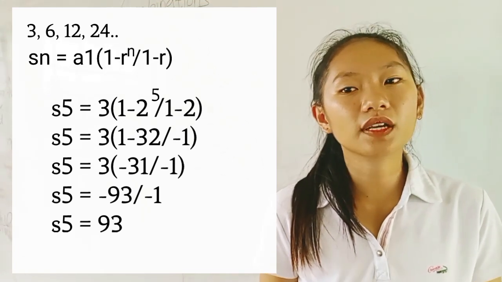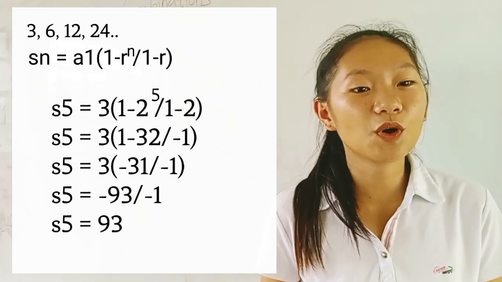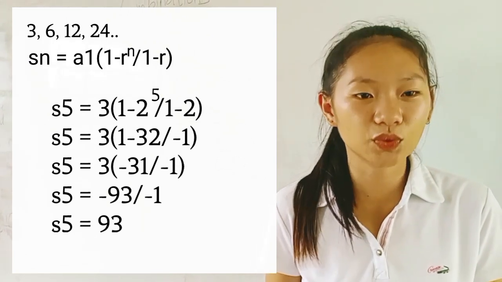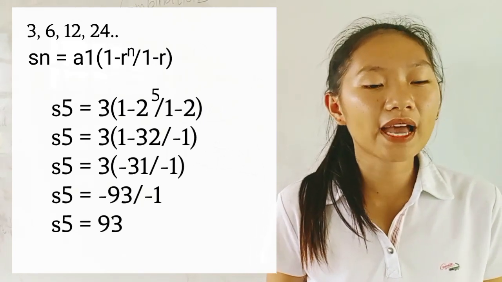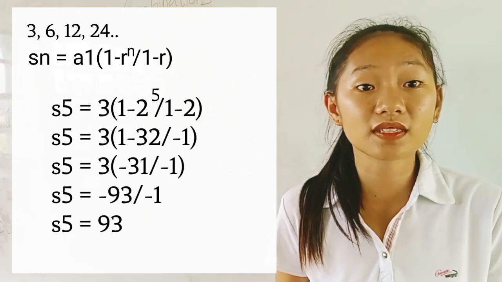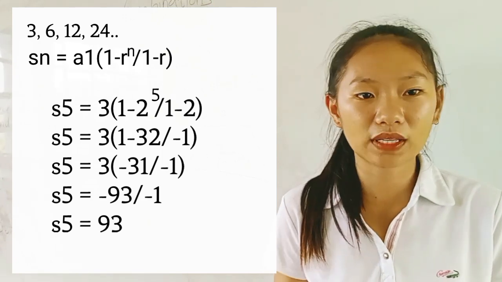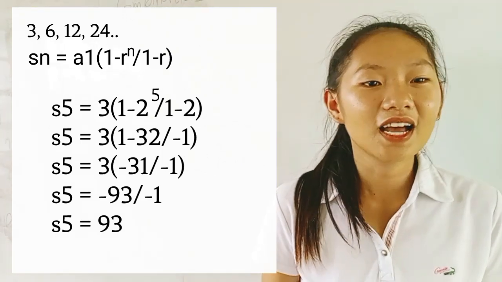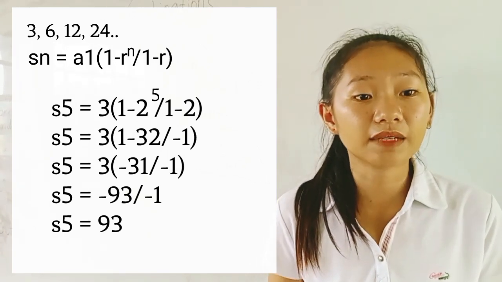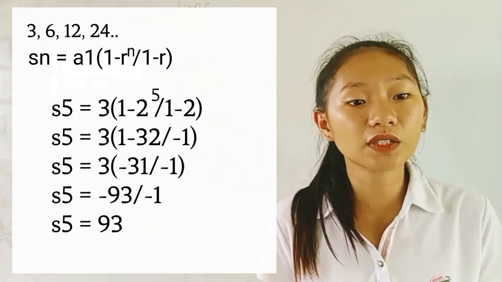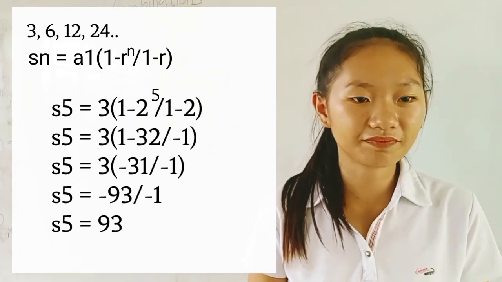So 2 is multiplied by itself 5 times, over 1 minus 2. Next, S5, bring down the 3, times 1 minus 32, because that was the answer of 2 times 2 times 2 times 2 times 2, over negative 1. Then S5 again, bring down the 3, times negative 31, then over negative 1.